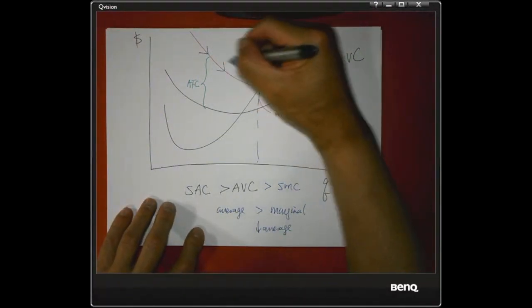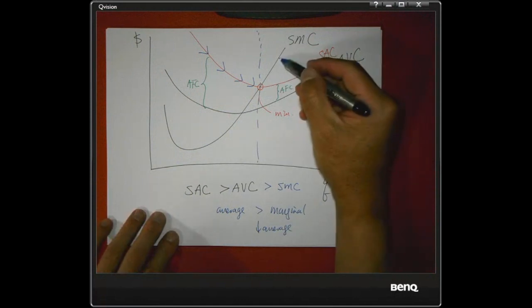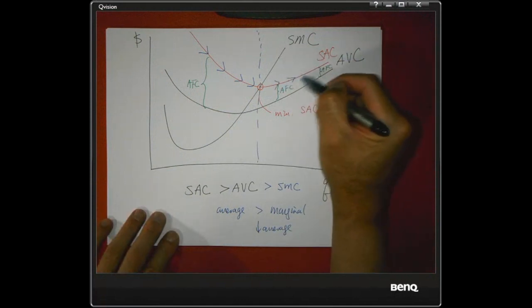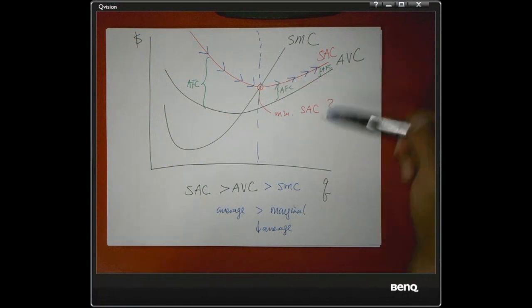Well, this is what happened here. Marginal less than average, average will fall. And when marginal greater than average, average would rise. So the turning point only happens at the minimum of the short-run average cost.